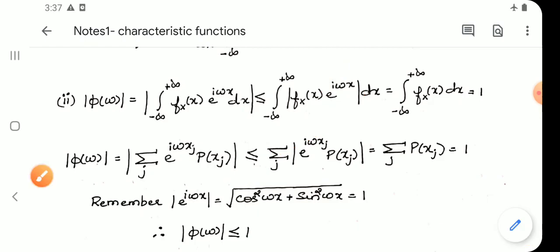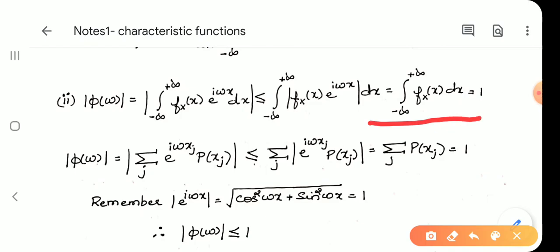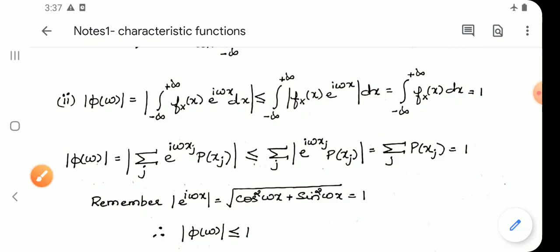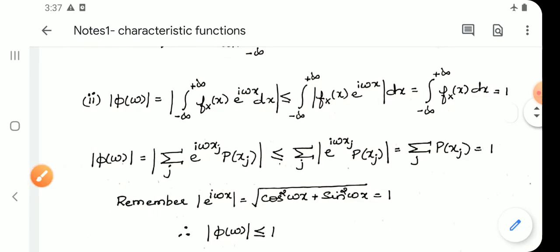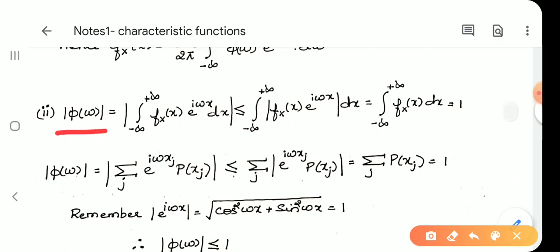So we are left with the integral from minus infinity to plus infinity of f_X of x dx. And we know in the continuous random variable, this value is 1. Therefore, modulus of phi of omega is less than or equal to 1.